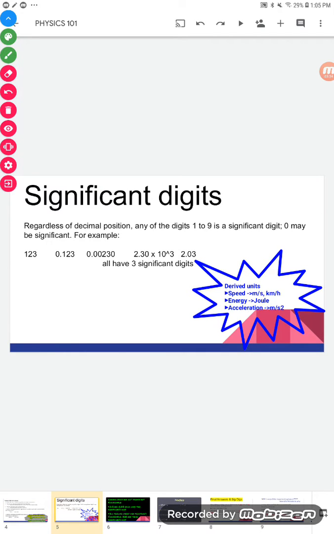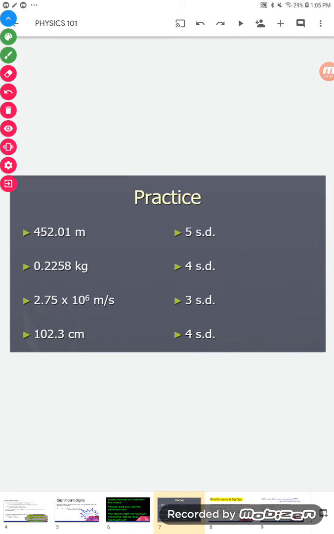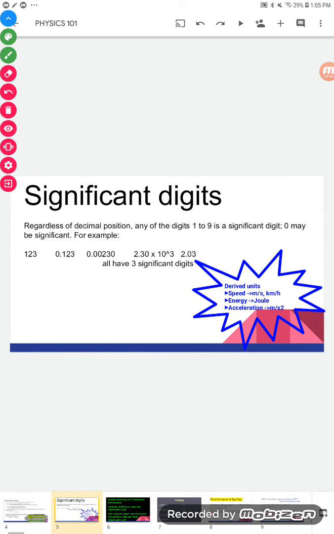Significant digits. Okay, so significant digits, rather than going through these slides with you, I think I'm going to just list a couple examples and walk you through it. Okay, so it's important to know that any number between 1 and 9, as stated here, is always going to be considered as significant digits. Zeros is where it gets messy. Okay, if there is a 0 between significant digits, like this, it then becomes significant.